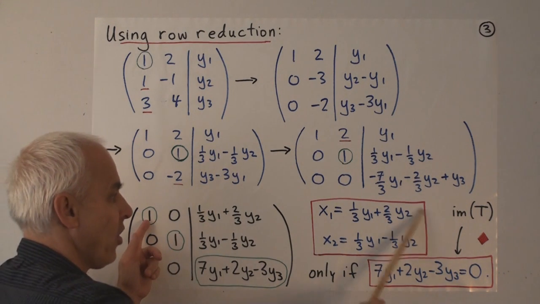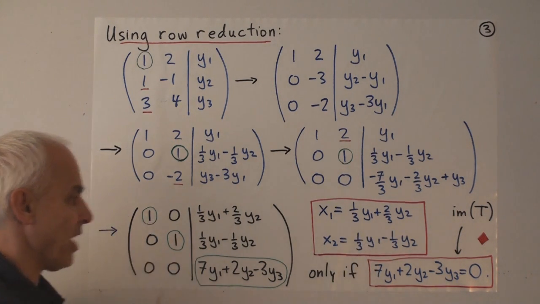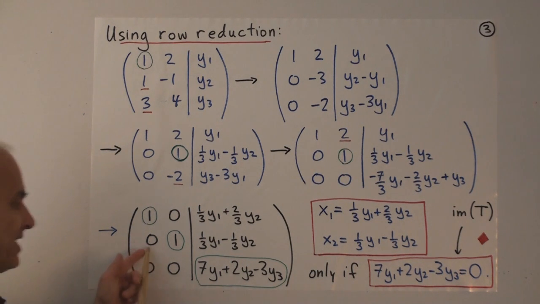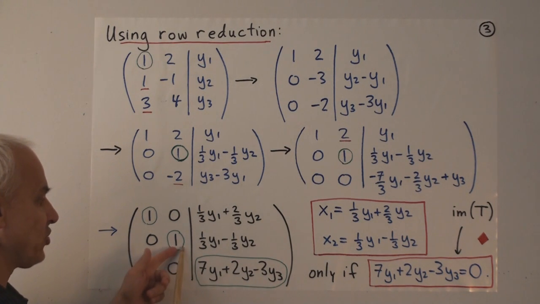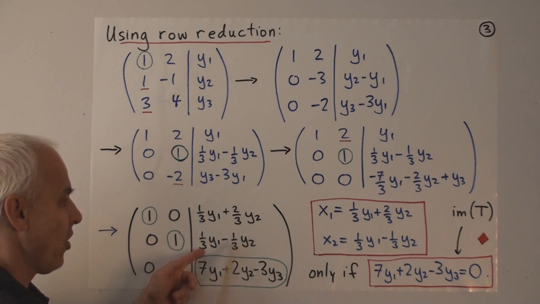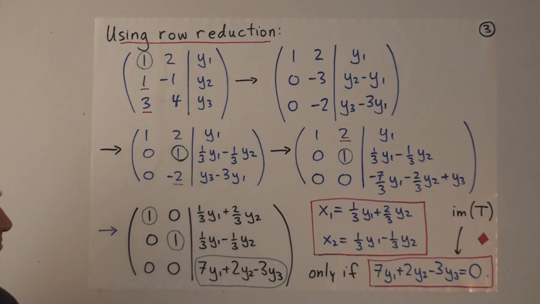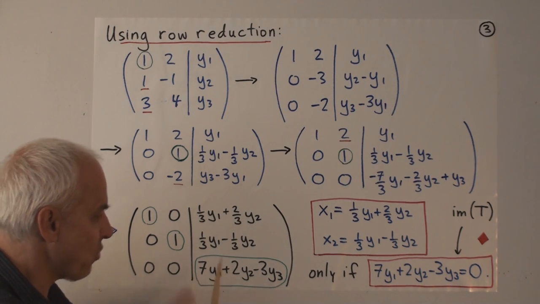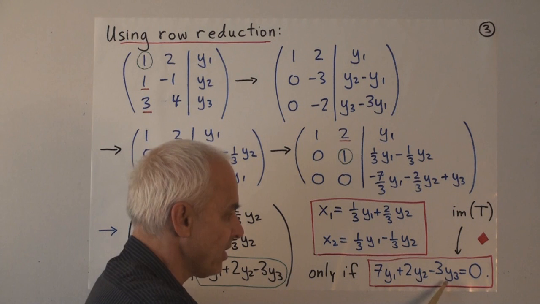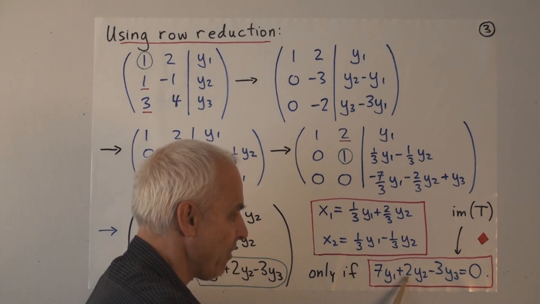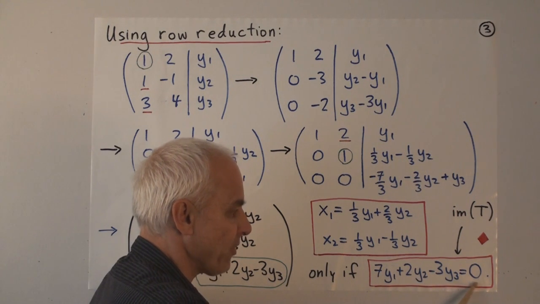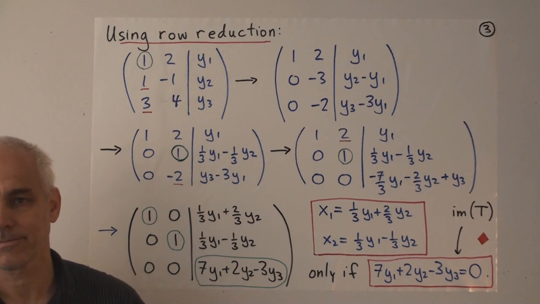So x1 equals 1/3 y1 plus 2/3 y2. And the second equation allows us to read off x2. It's telling us x2 is 1/3 y1 minus 1/3 y2. But it only works if this quantity is 0, if 7y1 plus 2y2 minus 3y3 equals 0.